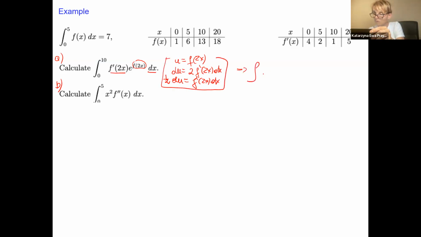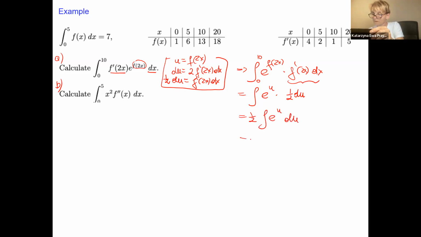I can maybe rewrite e to the power of f of 2x times f prime of 2x dx, from 0 to 10. E to the power of u, and that expression f prime of 2x dx is 1/2 du. So 1/2 e to the u du, integral of e to the u.